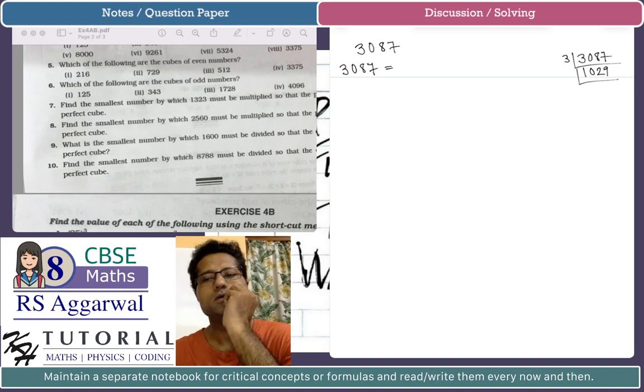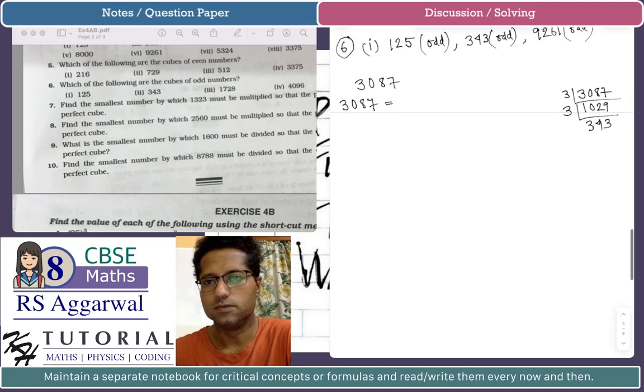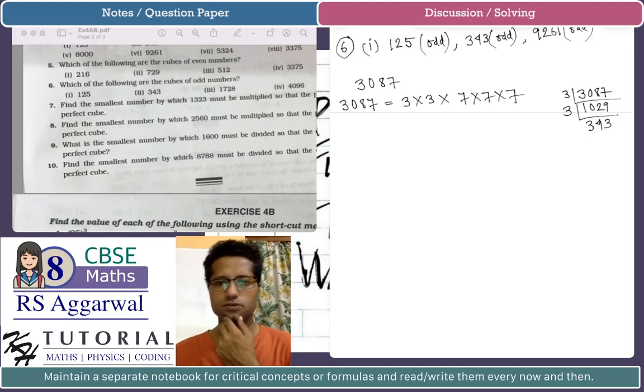Then what? 3, yes, okay. So 3, 3, 343, and 343 we know is definitely a cube of 7. So the prime factorization of 3087 will be 3 multiplied by 3, and 343 is 7 multiplied by 7 multiplied by 7. So this is the prime factorization of the number 3087.